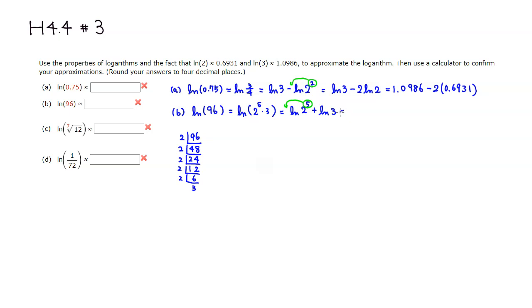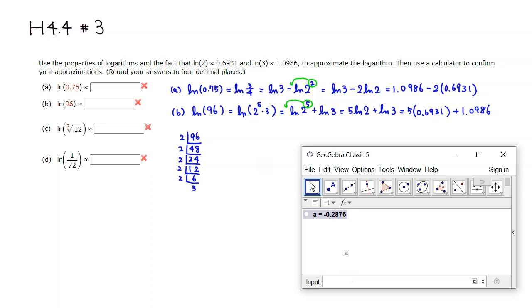So this is going to be 5 times the natural log of 2 plus the natural log of 3. 5 times the natural log of 2 is 0.6931, and then you're going to add 1.0986.